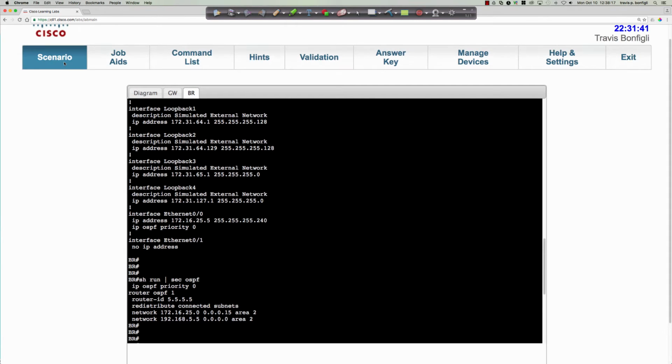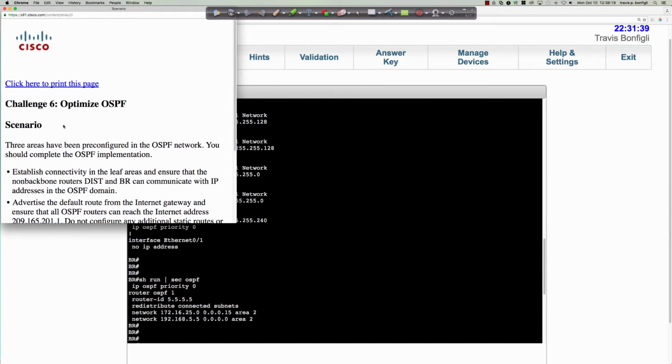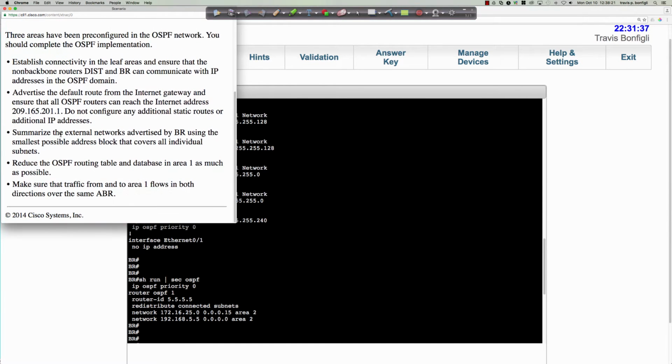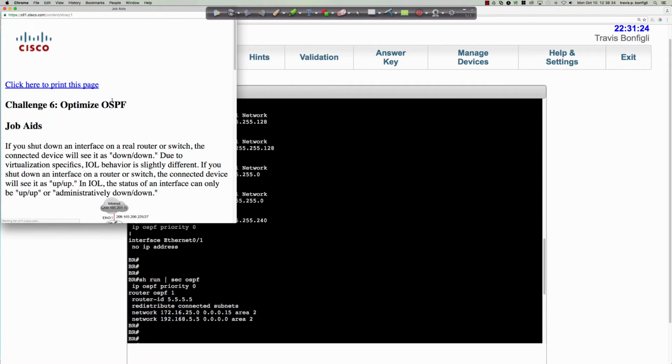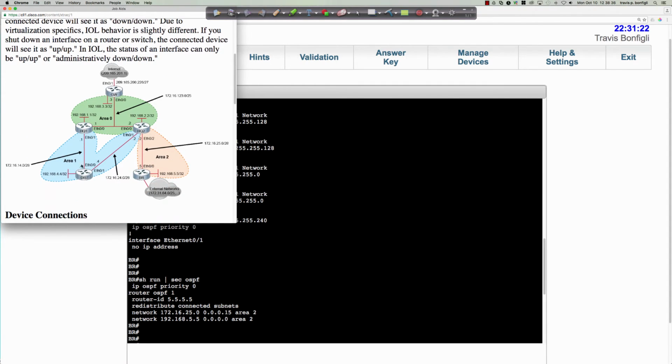All right, so it looks like we've taken care of the first two, or I should say 2 and 3. So: reduce the OSPF routing table and database in Area 1 as much as possible. Well, when we take a look at Area 1 here, and this should look exactly as it did, yeah, it does.